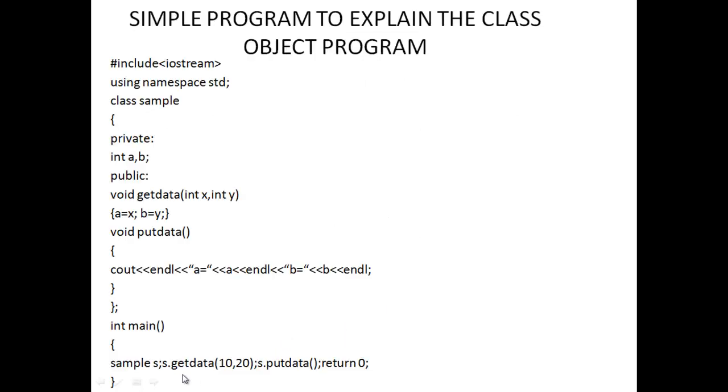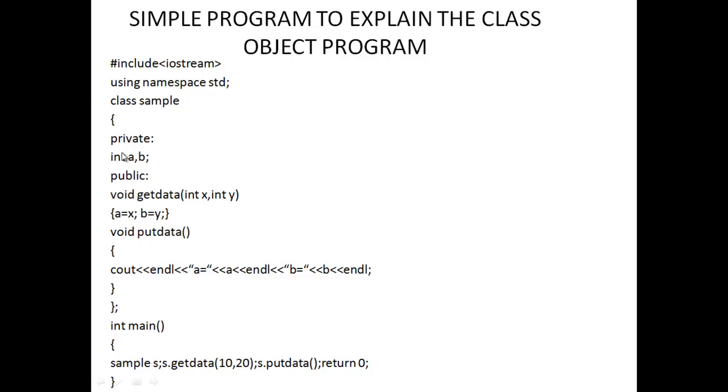Next here is a simple program to explain class and object. You see, first we declare the header file iostream, then using namespace std, and then we create a class. First we write the keyword class, then the name of the class, which is sample.